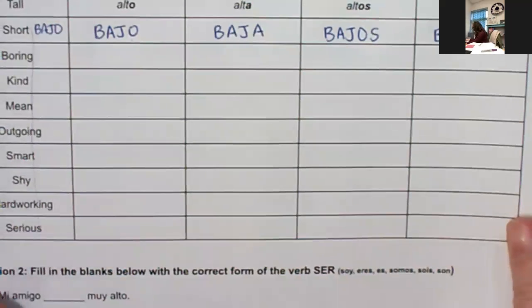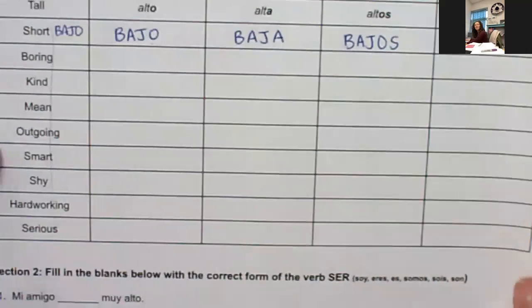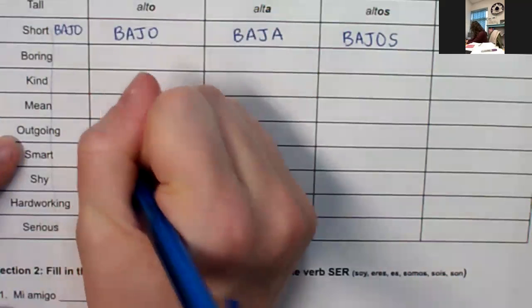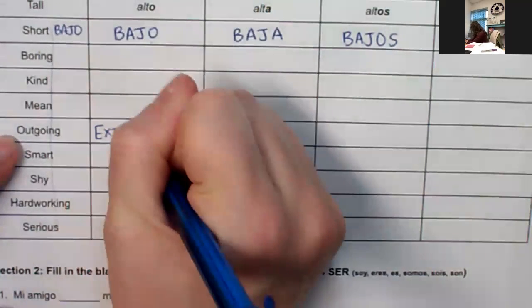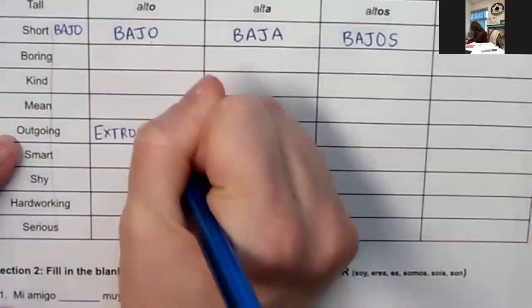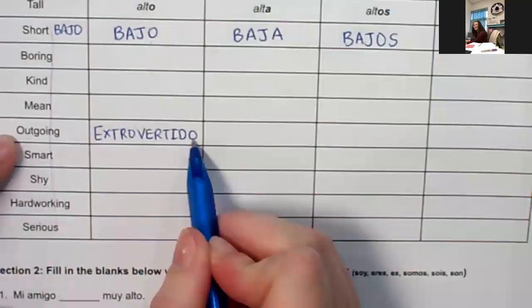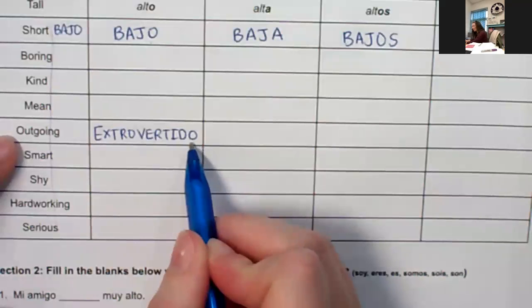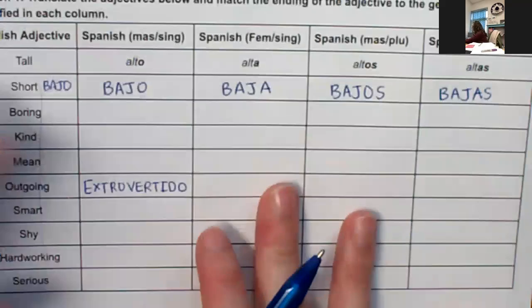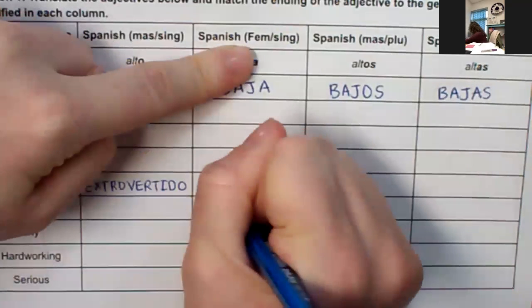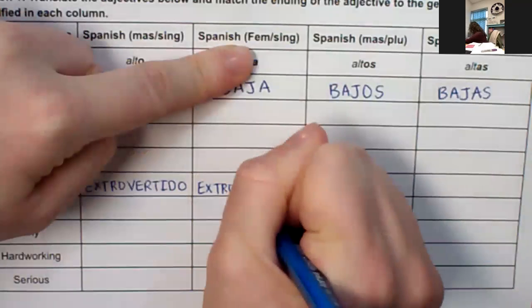Another example, we'll look at outgoing. So outgoing is extrovertido. That is masculine and singular because it ends in an O. Feminine and singular is going to be extrovertida.